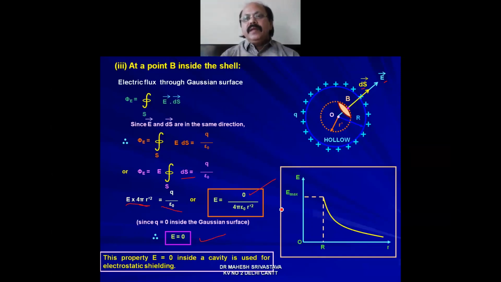So here you see that from O to this point R, this is the radius of the spherical shell, and at the surface you are getting the maximum electric field intensity, which is represented by E max. And here this is the graph, meaning as the distance increases, the electric field intensity decreases. That is, E is inversely proportional to r square. So this is about the spherical shell.